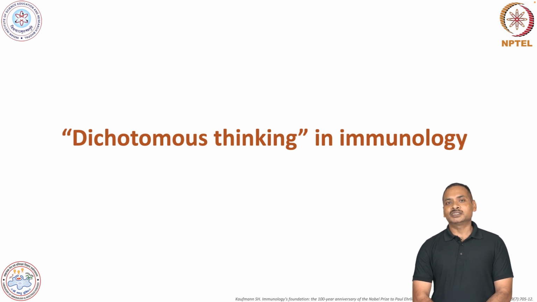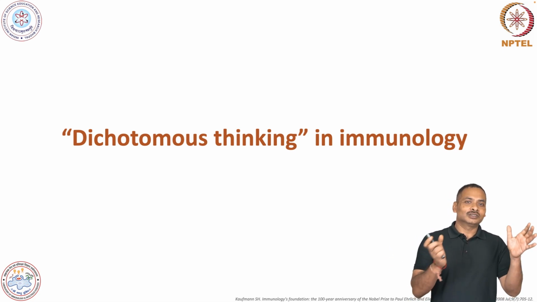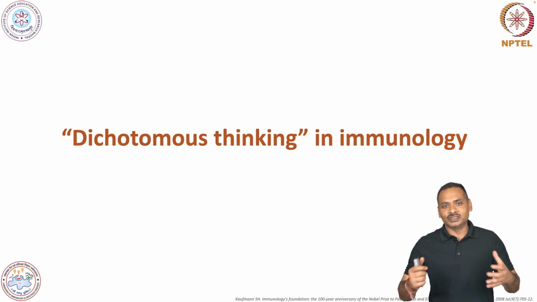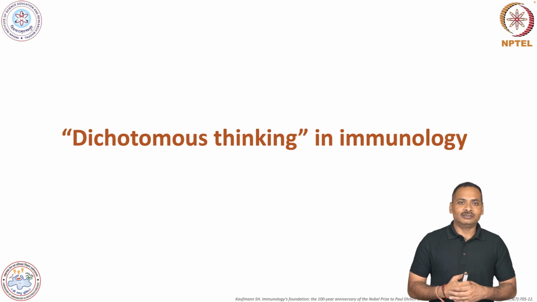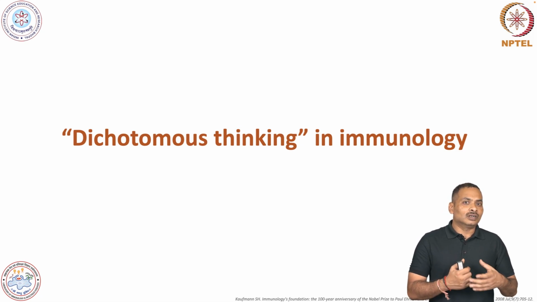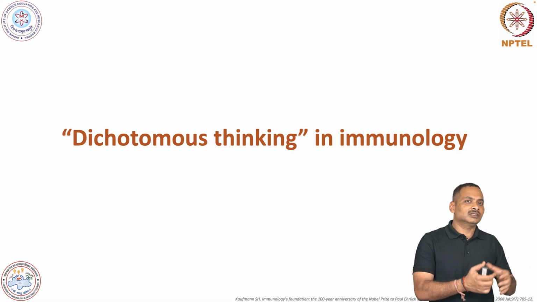So there was a dichotomous thinking in immunology. Dichotomous means there were two opposite, quite polarized thoughts, about the defense that animals have. Some people thought this is due to some cellular component, some cell.